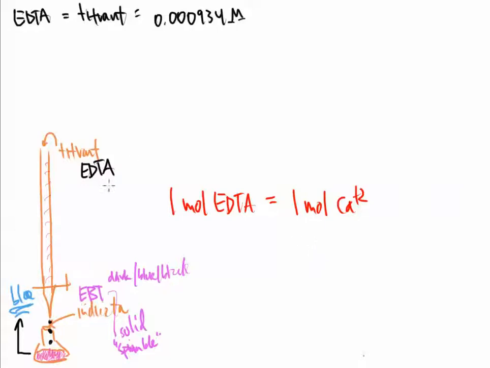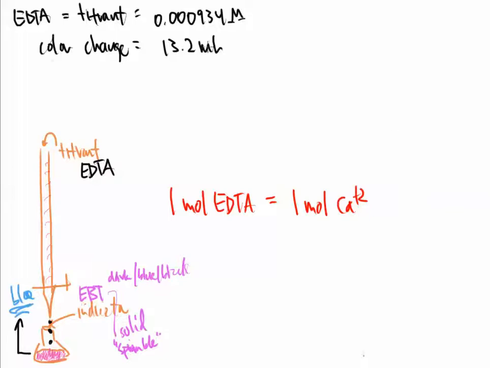Okay, so I get this EDTA and I fill it up for my burette, and then I slowly drip, drip, drip, drip, drip until my color change happens. So let's say that my color change happens at a certain volume, and let's say that volume is 13.2 milliliters.